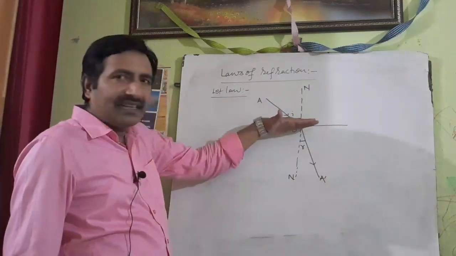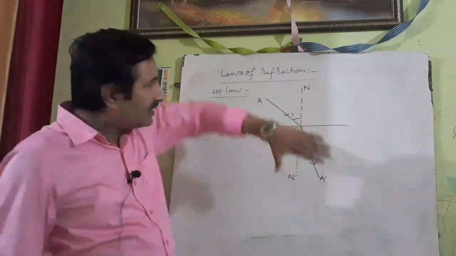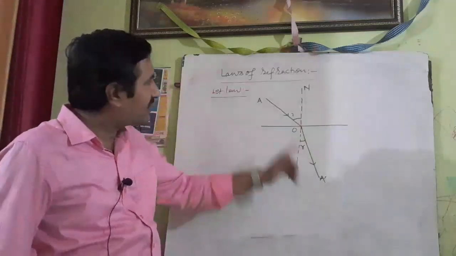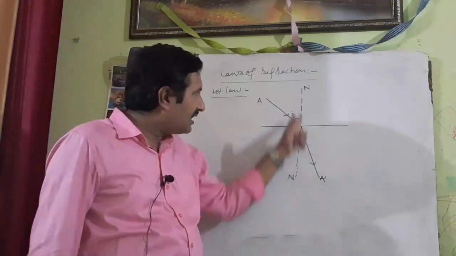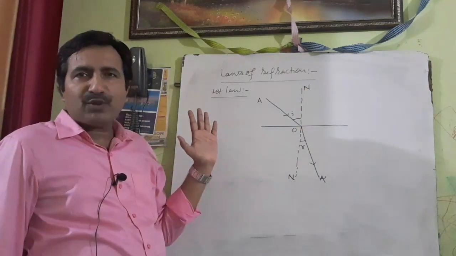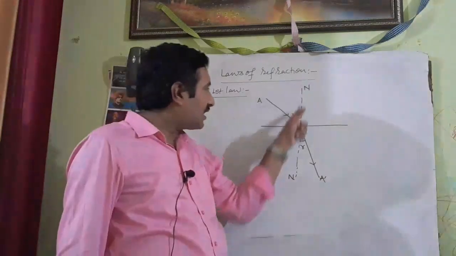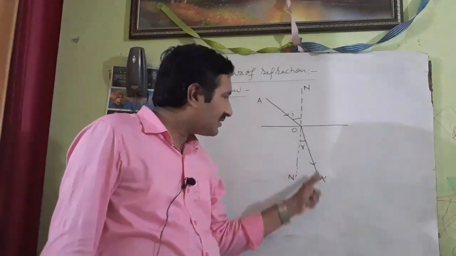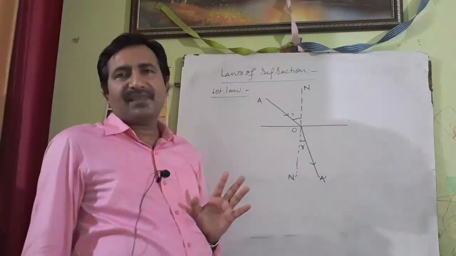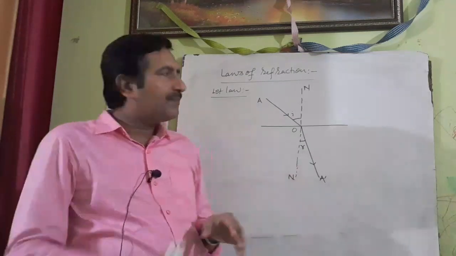Suppose this is the plane separating the two media, then this will be the plane in which the incident ray, refracted ray and normal will lie. Is it clear? Have you understood the concept? Okay, so this is the normal, this is the incident ray, this is the refracted ray. I think you understood the fact.